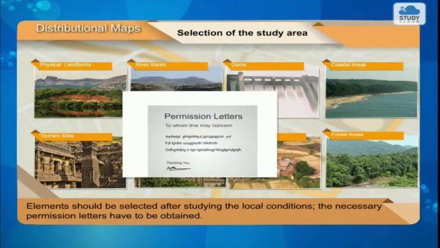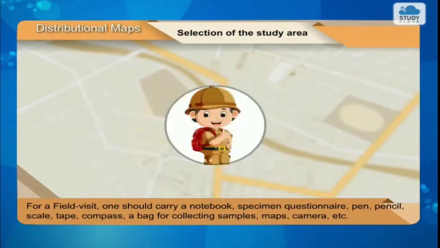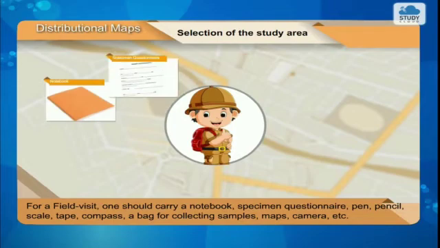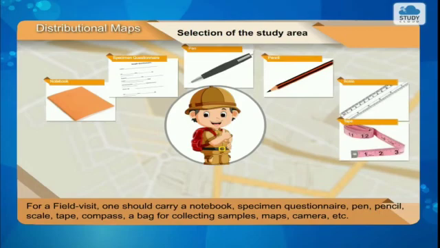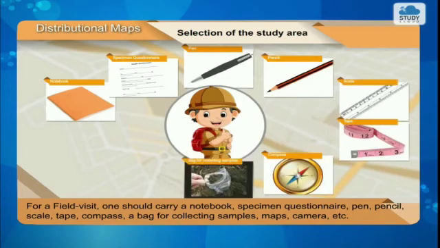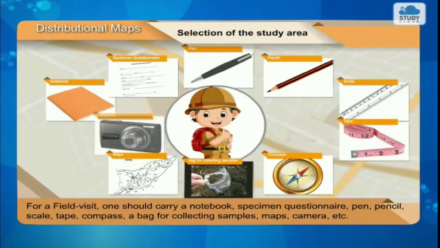The necessary permission letters have to be obtained. For a field visit, one should carry a notebook, specimen questionnaire, pen, pencil, scale, tape, compass, a bag for collecting samples, maps, camera, etc.